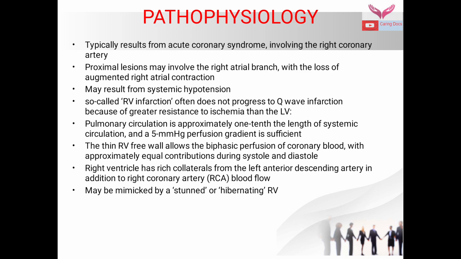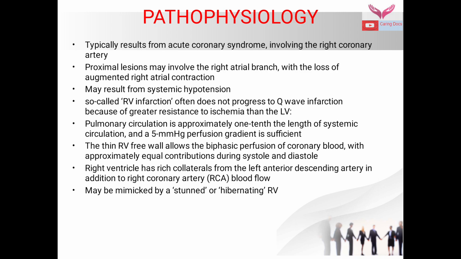The so-called right ventricular infarction often does not progress to Q-wave infarction because of greater resistance to ischemia than the left ventricle. Pulmonary circulation is approximately one-tenth the length of the systemic circulation, and a 5 mm of mercury perfusion gradient is sufficient.